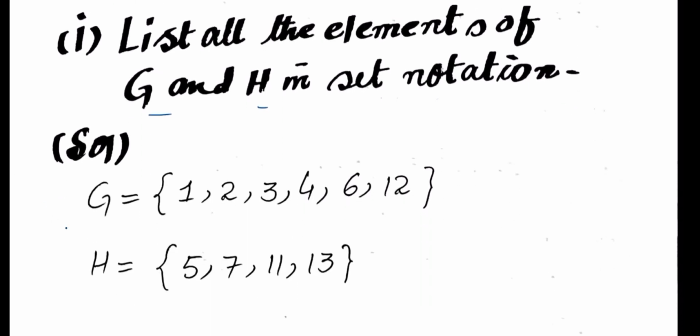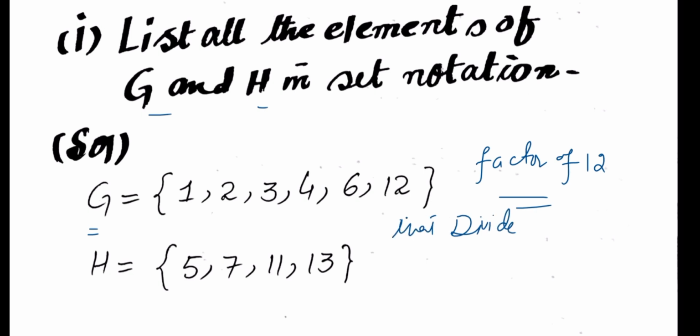Set G is a set of all integers that are factors of 12. Factors of 12 mean all those integers that divide 12.